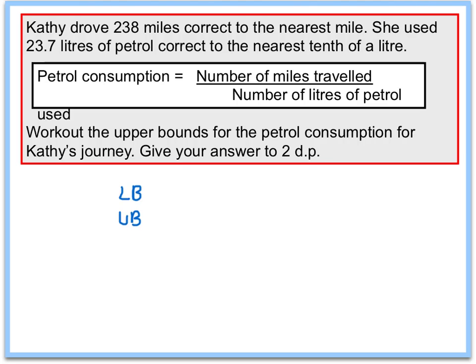And we've got 238 and 23.7. Right, so it's 238, and that's to the nearest mile. 1 mile down will be 237, so the lower bound's got to be 237.5. So the upper bound's going to be 238.5.